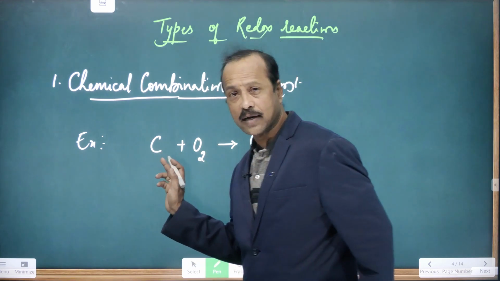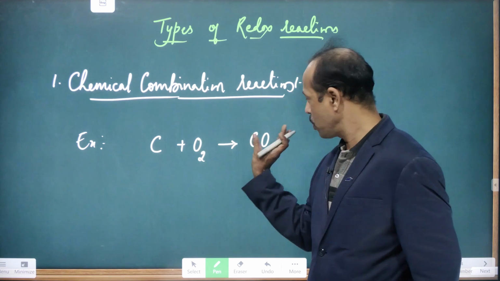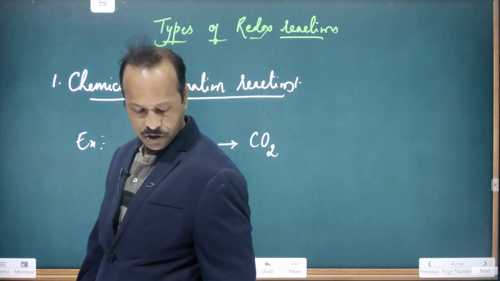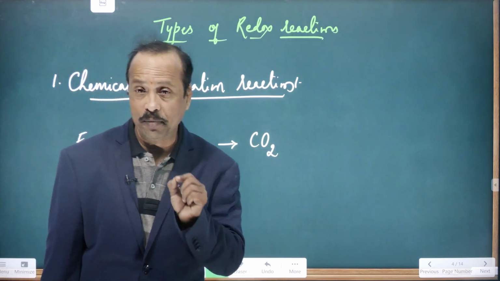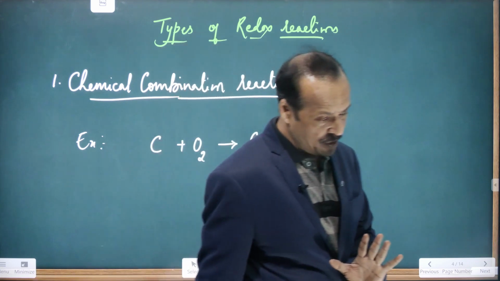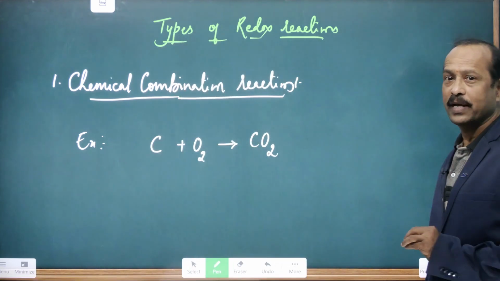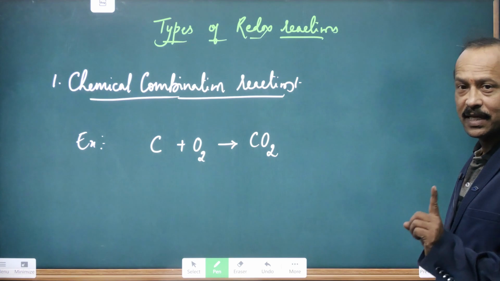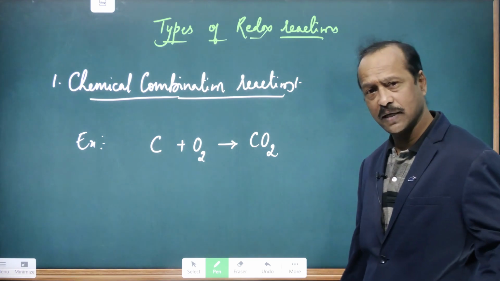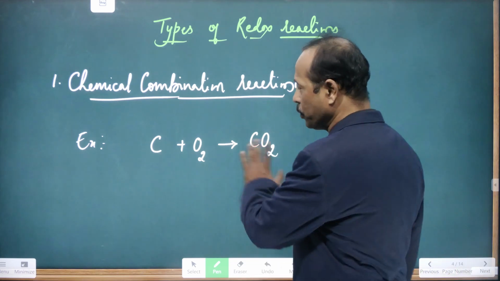So two or more reactants combine to form a single product. Product is one, but reactants may be two or more. Such reactions are called chemical combination reactions. Did you understand? That's all, combination. Very easy. I hope you understood.